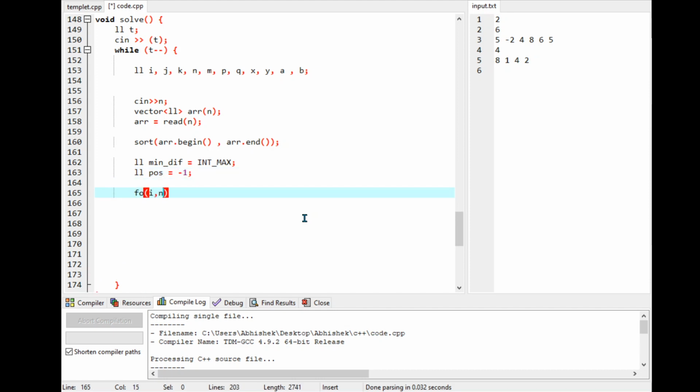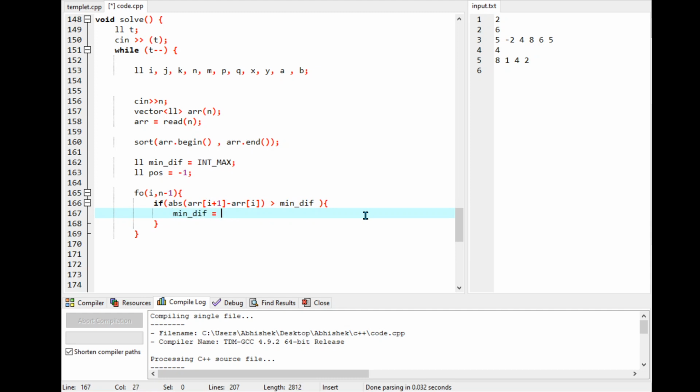So we will go from i to n minus 1, not n. If the absolute difference here, this would be positive as the array is sorted, but still I don't know why I am doing absolute, is smaller than the minimum difference, that means we have found something smaller.